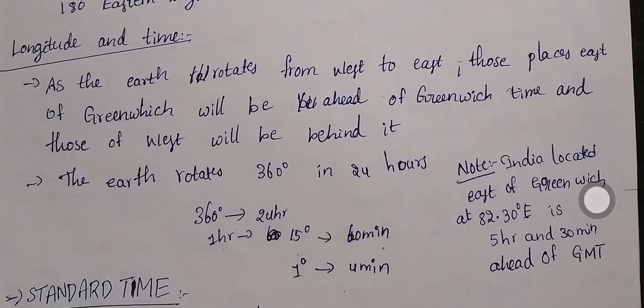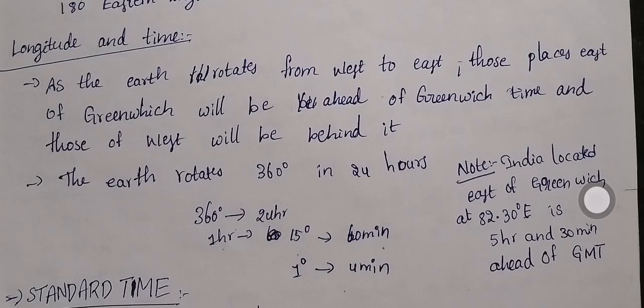The earth rotates 360 degrees in 24 hours. In 1 hour, it rotates 15 degrees, and the earth rotates 1 degree in 4 minutes.